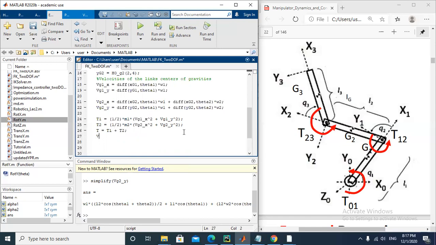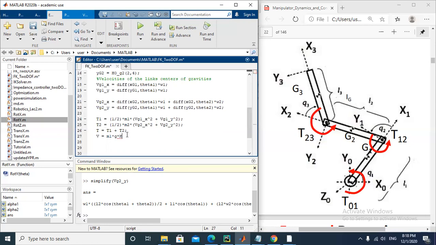Okay, now let's look into the potential energy. What is the potential energy of the system? Well, we know potential is equal to mgh. So m1 times g times the height of the first one. We're going to define a datum, or a reference, which is starting at this origin. What is the elevation of this point, assuming g is acting downward?